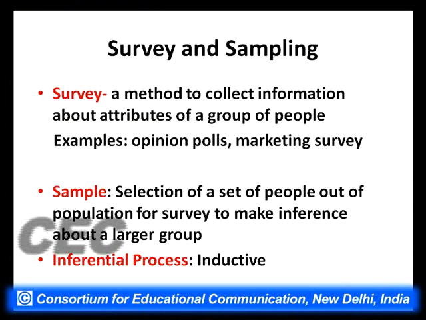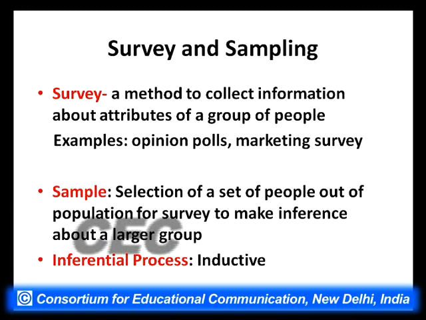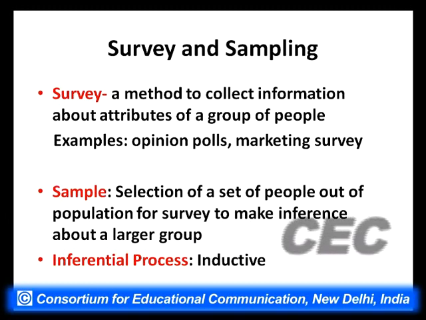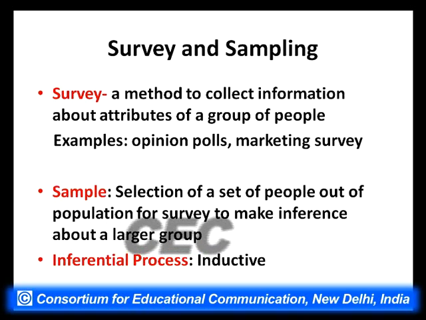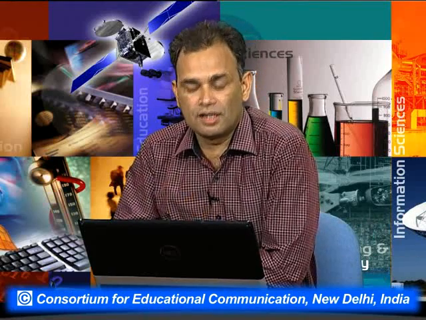So what you do is select a sample, and on the basis of the outcomes of the sample, you try to predict about the entire population. That process of predicting about the population on the basis of a sample is the inductive process. So the inferential process here is inductive, not deductive.